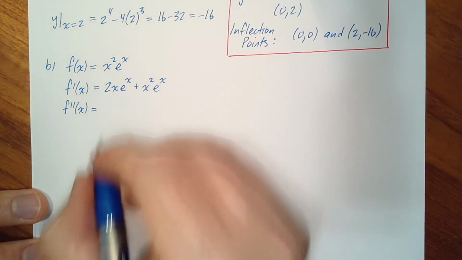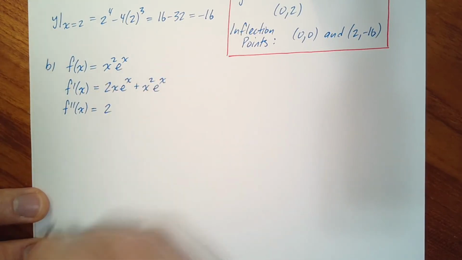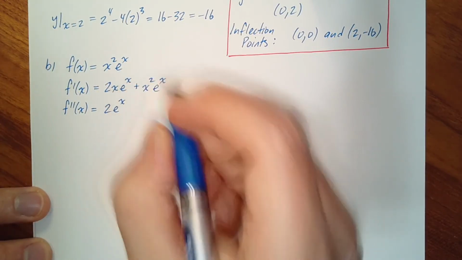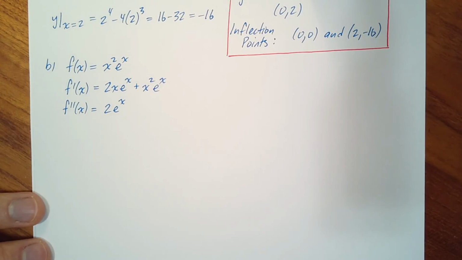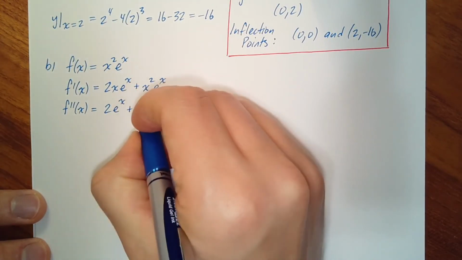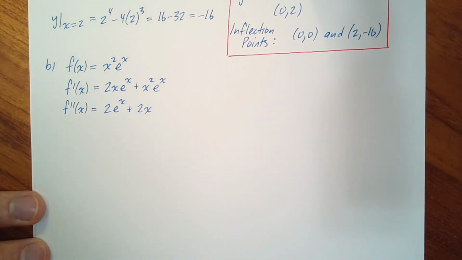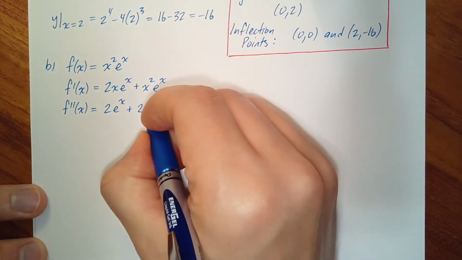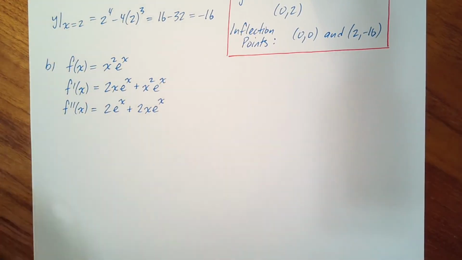So f double prime, we're going to get 2 times e to the x. So that's differentiating the 2x, but leaving the e to the x alone. And then for the second term, we're going to have 2x, leave the first factor alone, but then differentiate the second factor, e to the x. Well, the derivative of e to the x is just e to the x, so we're going to get that.